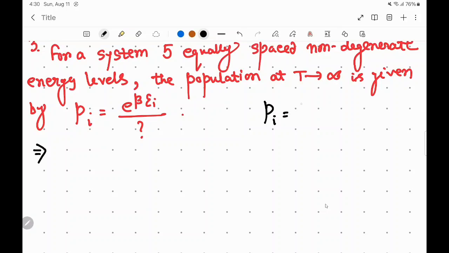Ni over capital N equals this. This does not mean that N equals Q actually. Do you get it? This should be minus. Again, there is a typo. Minus should be there, right? In the partition function, minus should be there.